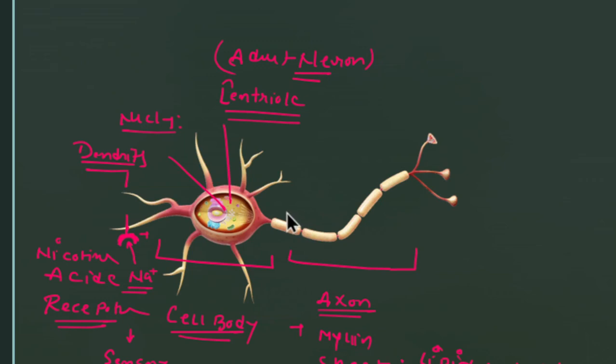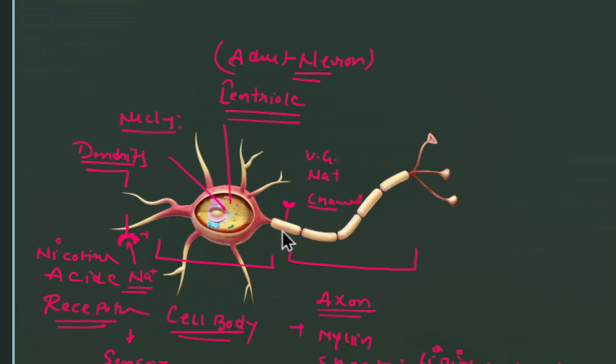In this region, we also have a receptor, but this receptor is not ligand gated. Here, the receptor which is present is called the voltage gated sodium channel.